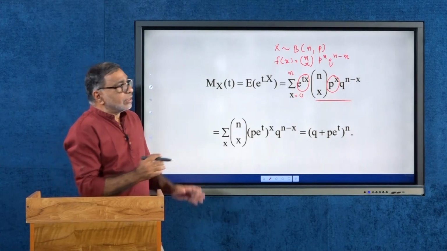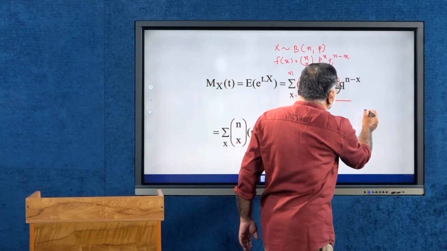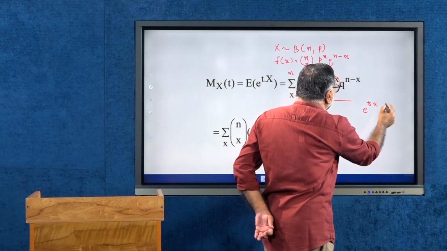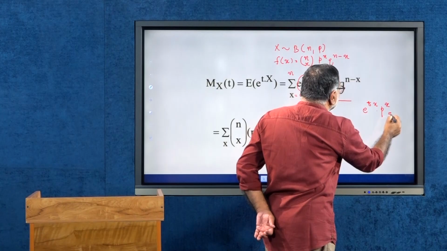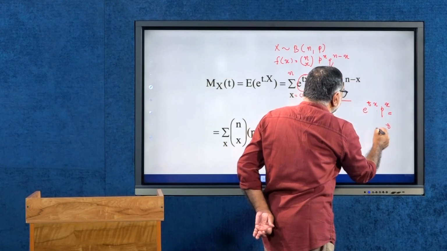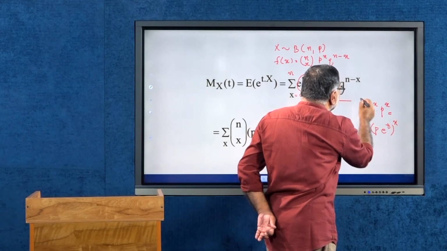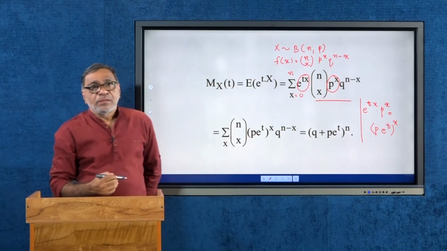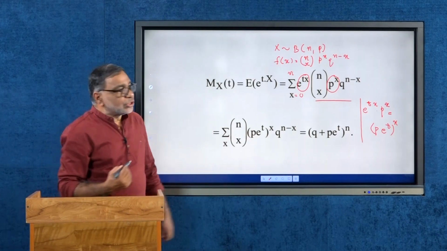That means e power tx into p power x is combined. You have e power t into p, that is p e power t, all power x. So, when you combine e power tx and p power x, this is the expression.